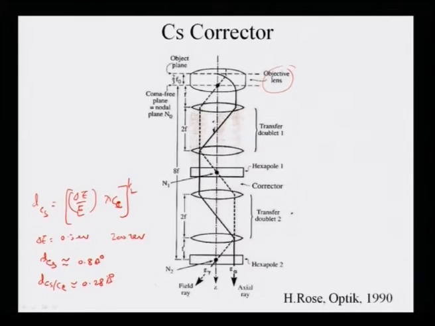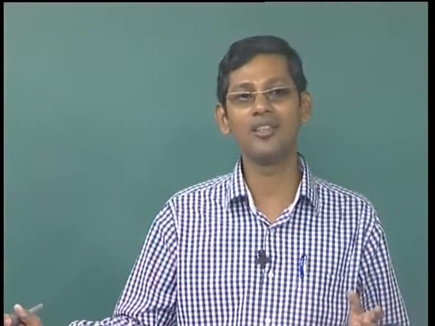So, you can imagine that by using all kinds of correctors, we can actually reach a limit of approximately 0.3 angstrom, which is very close to the smallest atomic size. The atomic diameter of carbon atom is 0.899 angstrom. The atomic diameter of hydrogen atom is 0.5 angstrom. So, we will be able to reach a resolution limit of less than the size of a hydrogen atom.